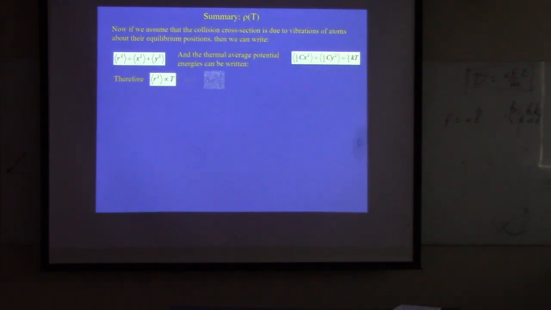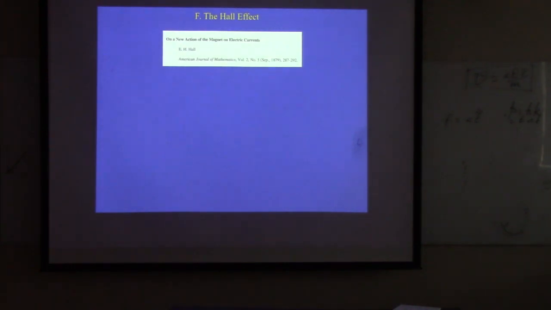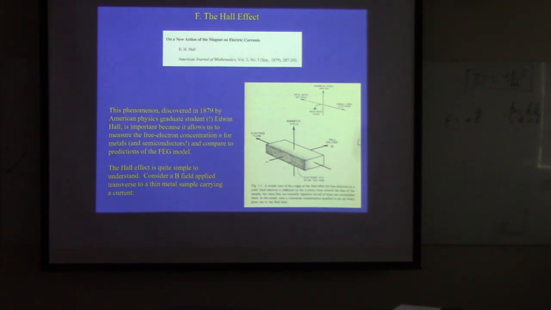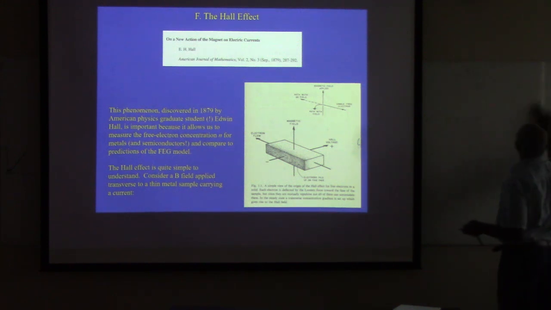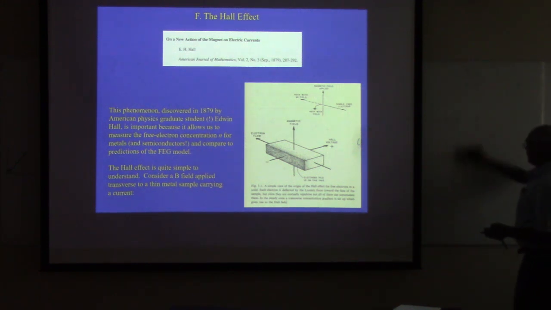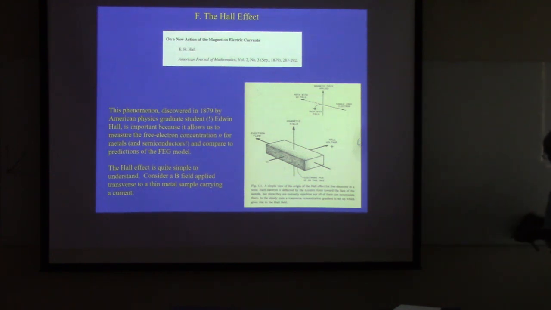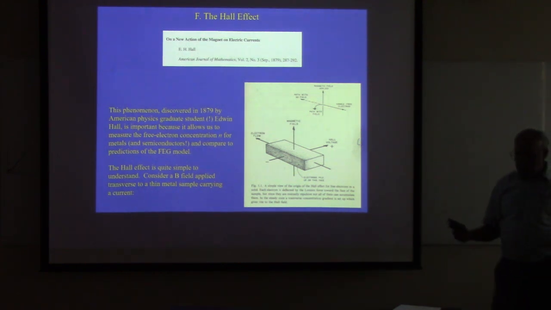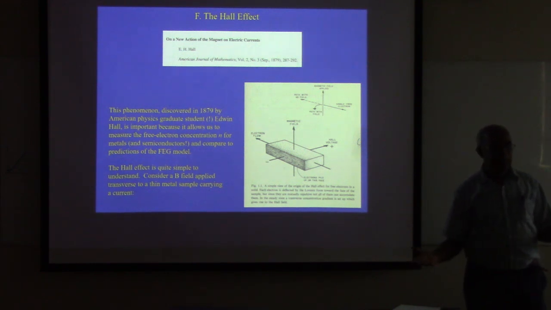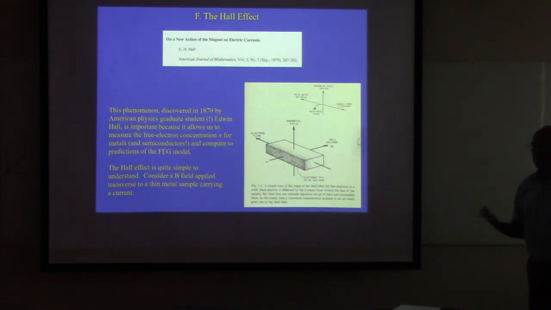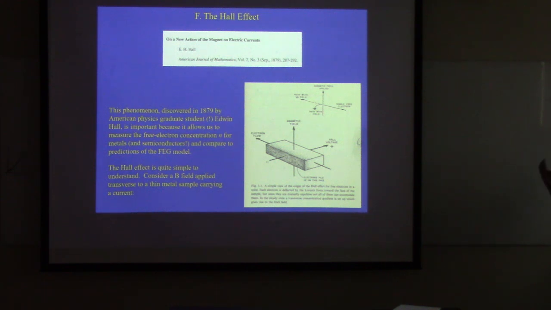Next I want to talk about a different thing called the Hall effect. This is also a really important phenomenon. If you take metals, your charge carriers are electrons, so there's no issue. You find the carrier type, and you always get the negative carrier type.